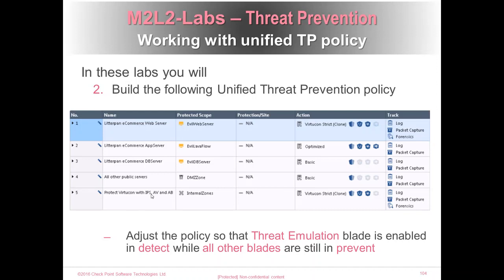So it should still prevent traffic for IPS incidents, antivirus, and anti-bot incidents. But for traffic from internal zones, threat emulation should only be in detect mode, since currently Verticon Industries are evaluating threat emulation and they want to be sure that they're not making a policy mistake that is blocking legitimate traffic.